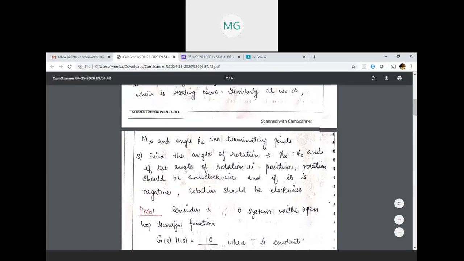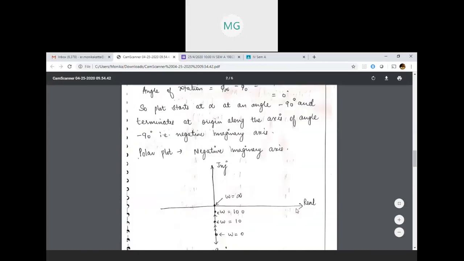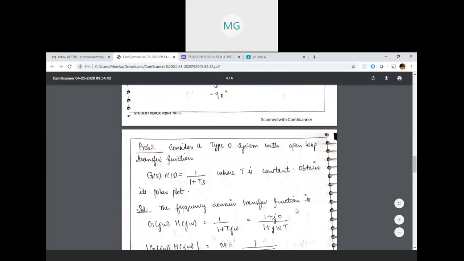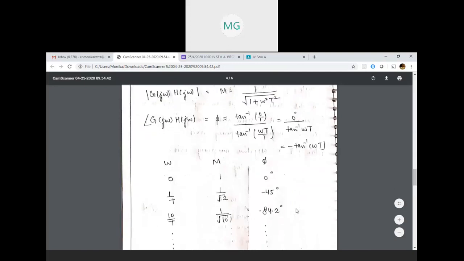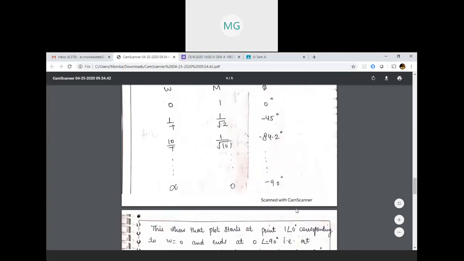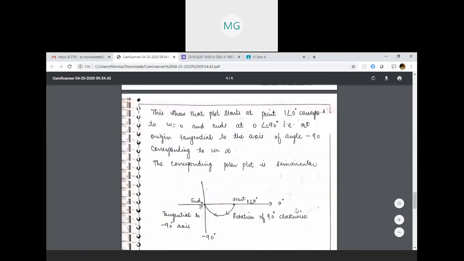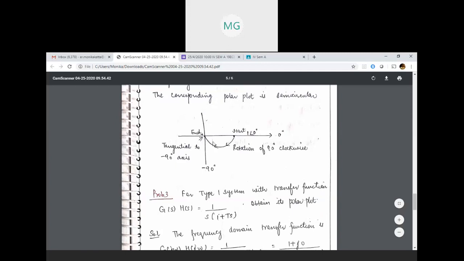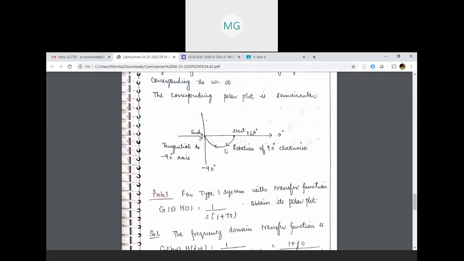You see that the angle of rotation is negative here, minus 90 degree, isn't it? So how should the rotation be? In this direction or in this direction? Clockwise direction. You can verify it. Do you have any doubt till this point?